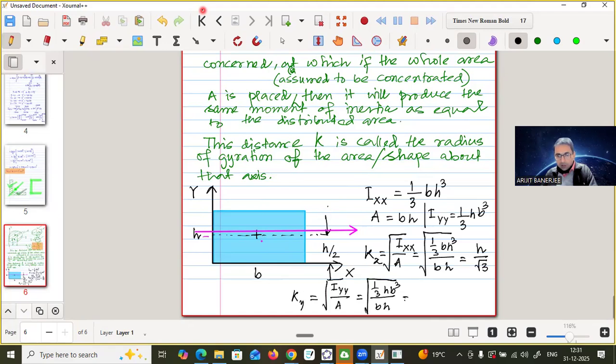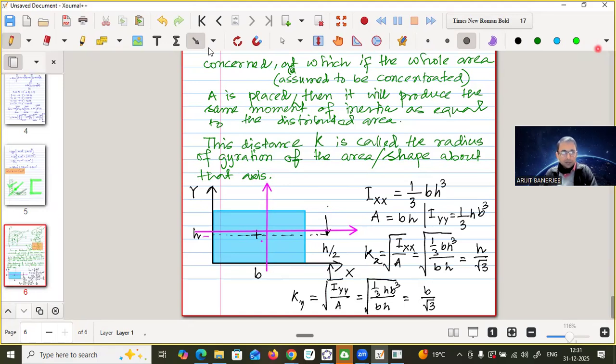So what is that? B by root 3 instead of H by root 3. So ky is B by root 3 and kx is H by root 3. Again it will be somewhere here, just a little more than 0.5.